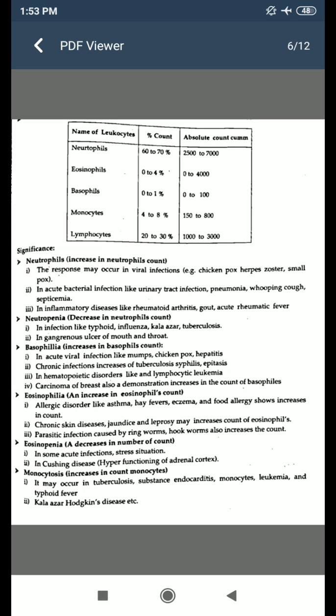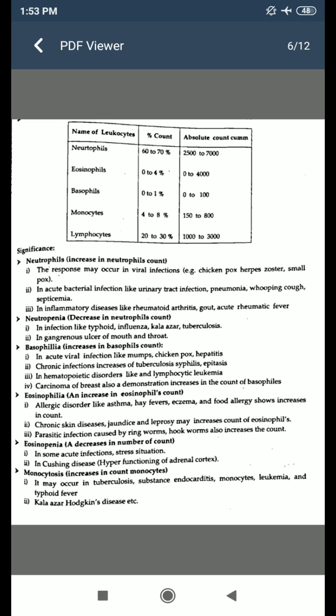Next is neutropenia, a decrease in the neutrophil count, in infections like typhoid, influenza, Kala-Azar, and tuberculosis. Then in gangrenous ulcer of mouth and throat. Next is basophilia, an increase in the basophil count.